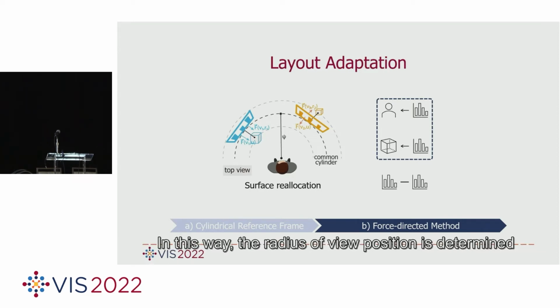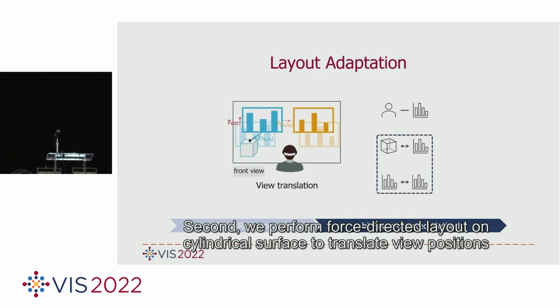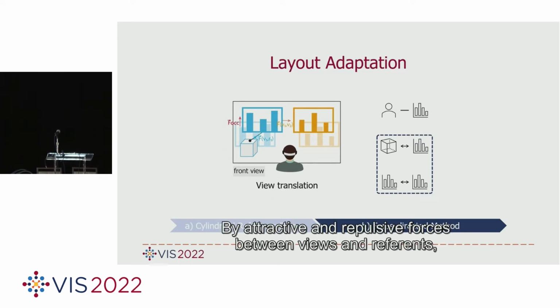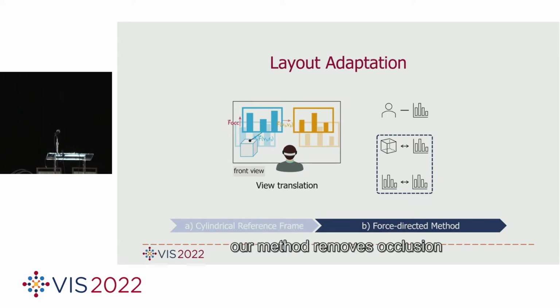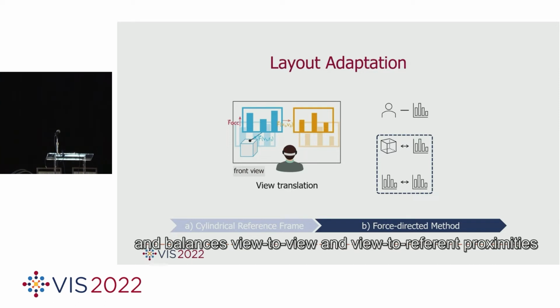In this way, the radius of view position is determined by the view-to-user and view-to-reference relations. Second, we perform force-directed layout on the cylindrical surface to translate view positions. By attractive and repulsive forces between views and reference, our method removes occlusion and balances view-to-view and view-to-reference proximities.